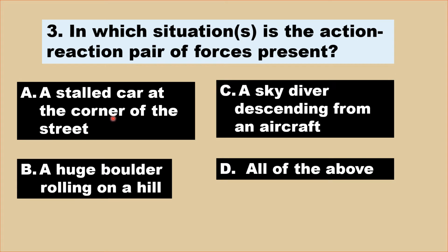Is there an action-reaction pair of forces here? Or is it letter B, a huge boulder rolling on a hill? So when a boulder is rolling on a hill, is there also an action-reaction pair of forces existing in this situation? Or is it letter C, a skydiver descending from an aircraft?